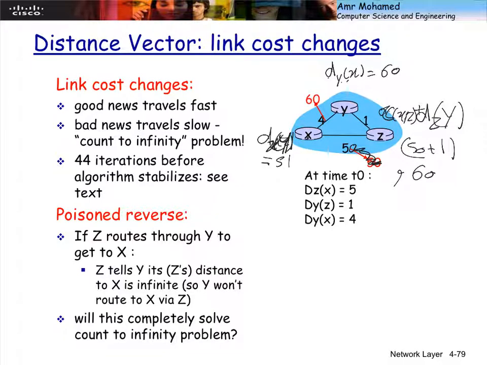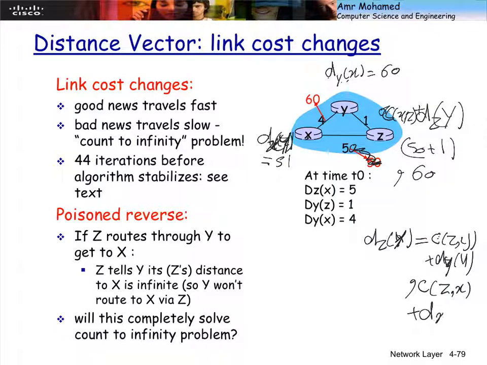And Y will send to Z the fact that dyx is 60. So Z will have to calculate dzy. dzy is either the cost from Z to Y plus dyy, which is 1 plus 0, or the cost from Z to X, which is 50, plus dxy, which is 60.